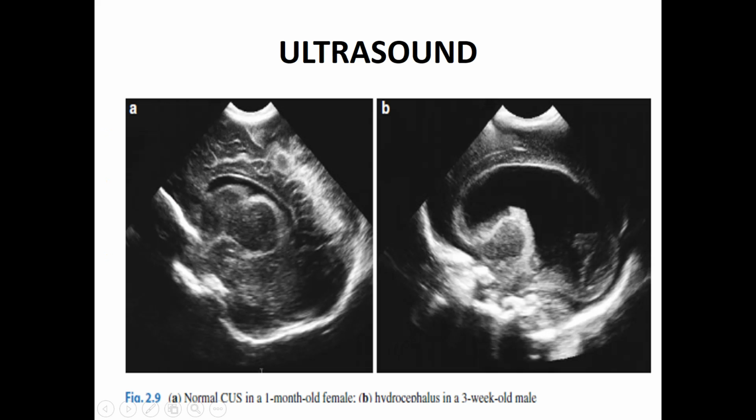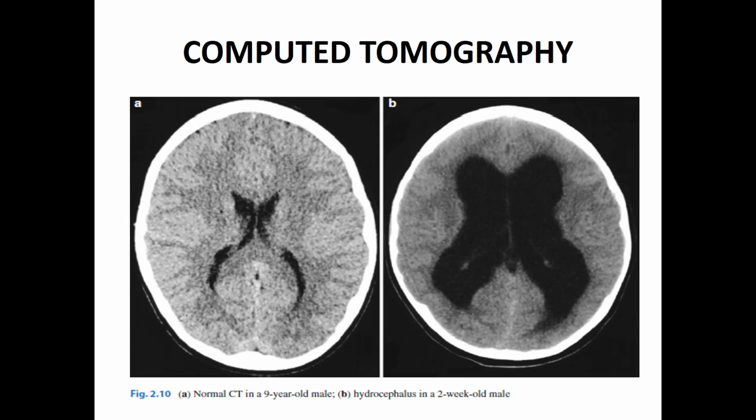You can see the ventricle, which is not as dilated, and contains only a little amount of CSF. In the next picture, you can see a massive accumulation of CSF in the ventricles, and the ventricles are dilated. So through ultrasound, you can also diagnose hydrocephalus.